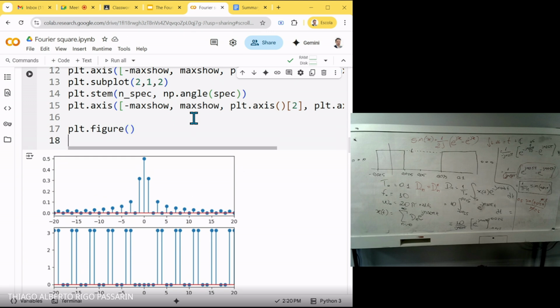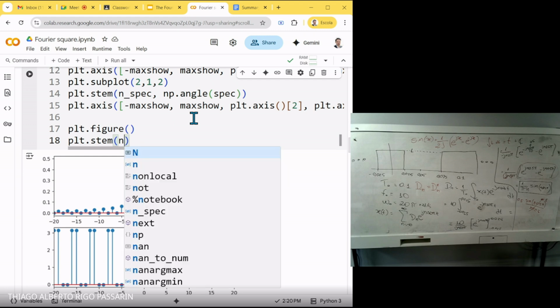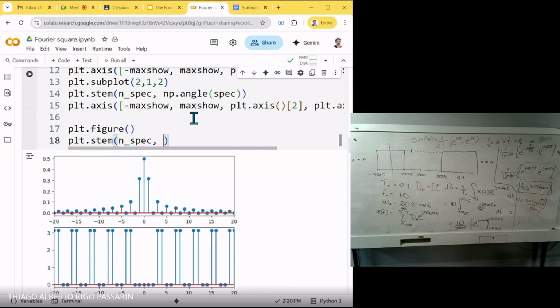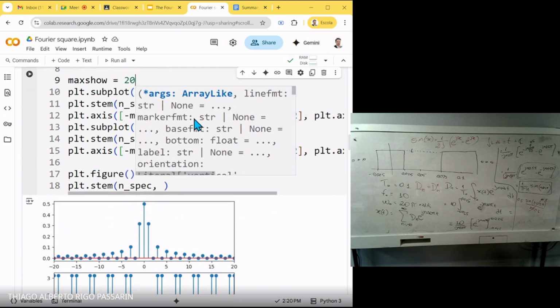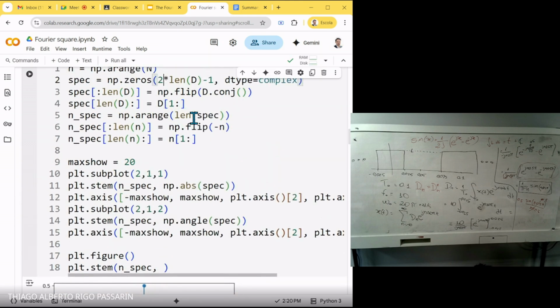We can plot n. What's n spec? The difference.